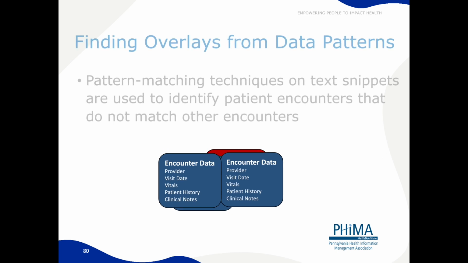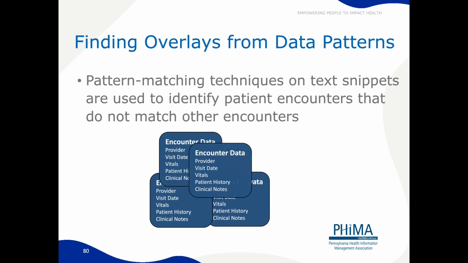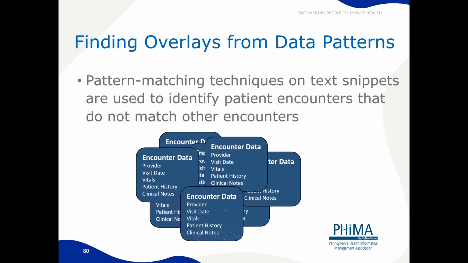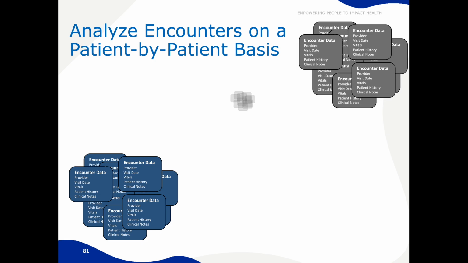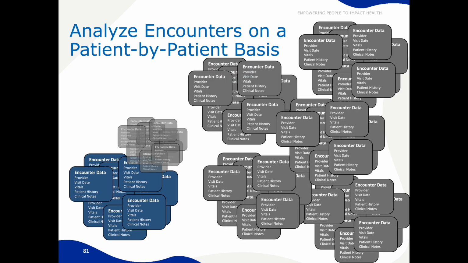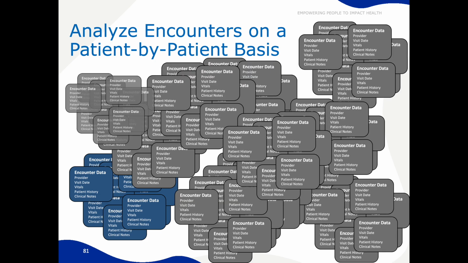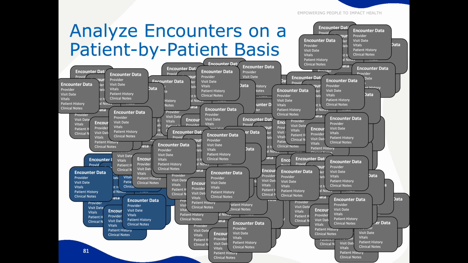And this takes us to how we use that principle for overlay data. Using a pattern matching algorithm, any algorithm that's similar, let's find encounter data that doesn't belong. On a patient-by-patient basis, let's analyze the encounters within that patient record and find the outlier encounters that don't look like the others.